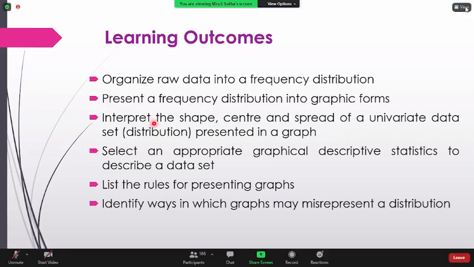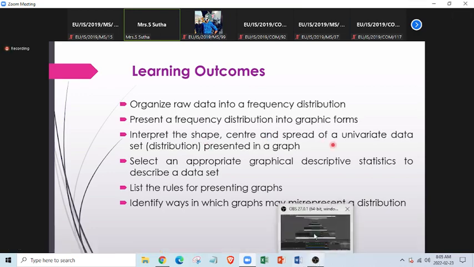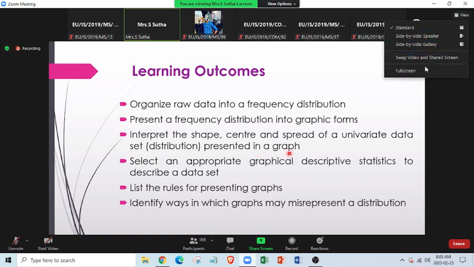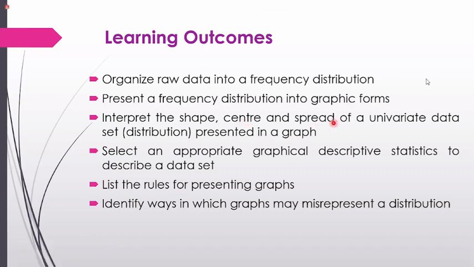you will be able to interpret the shape, center, and spread of a univariate data set, which are presented in a graph, right? So using the graph, you will be able to interpret the shape of the distribution, center and spread of the distribution.